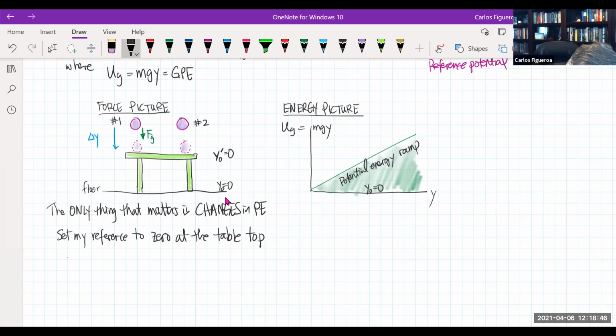So where y initial prime is equal to 0, which is at the tabletop, that tells us that the potential energy function, y naught, which is known as the reference potential, is going to be mg y initial prime, that is 0. So let's say that we drop the ball 2 meters above the table.